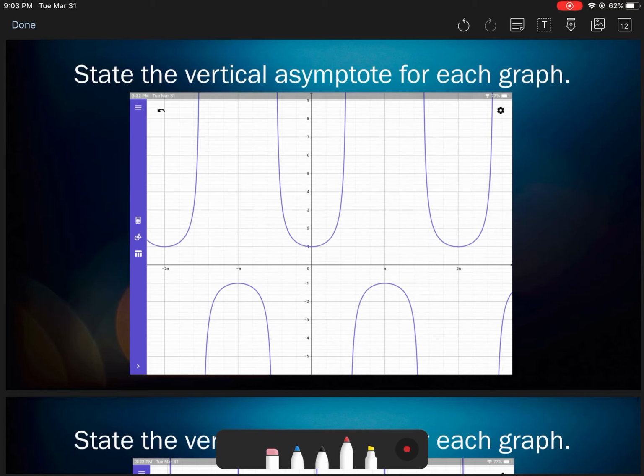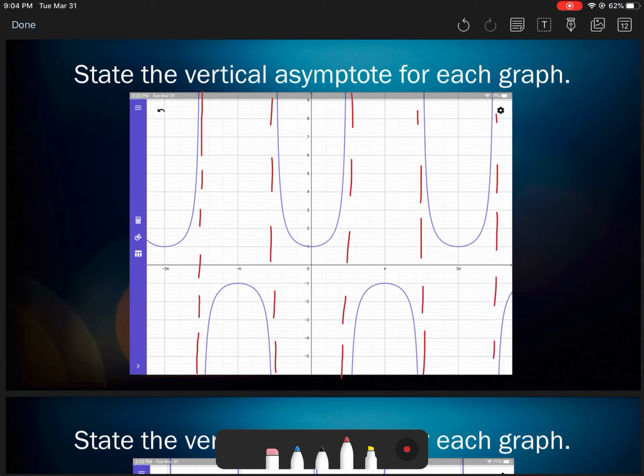Okay, state the vertical asymptote. So again, we're going to draw the asymptotes here. Okay, and here we have asymptotes.